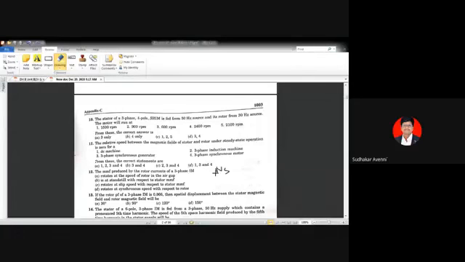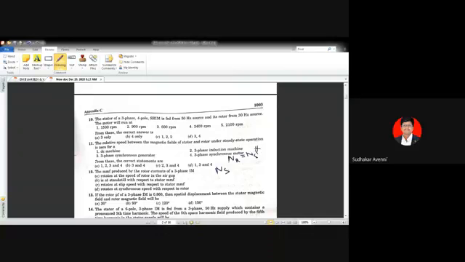Okay, here what is the formula? NR is equal to NS into (1 minus S), the general formula.